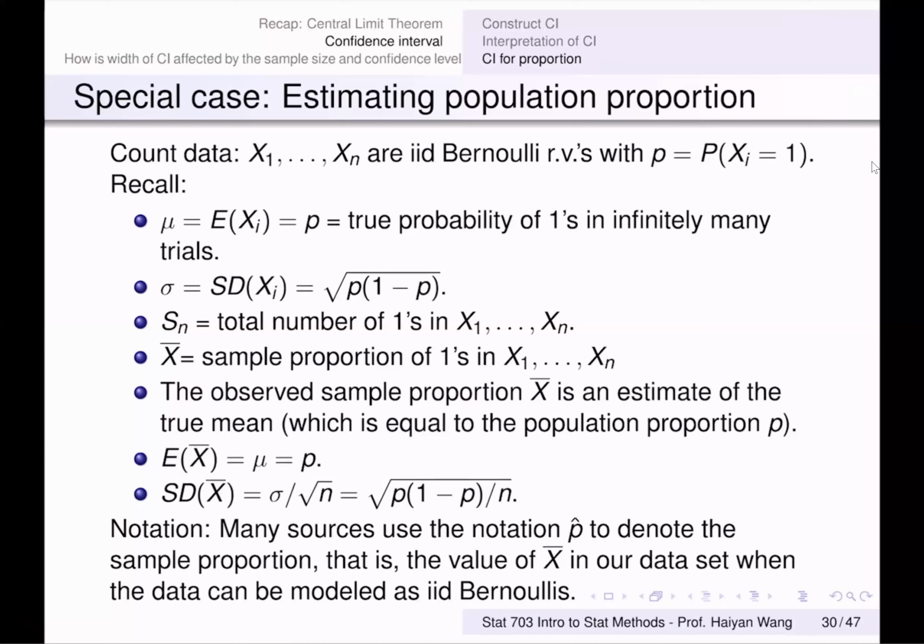So basically, P, this proportion of ones, is also on average what proportion of ones you will see in a long-term experiment, with many repeated experiments. The standard deviation for the Bernoulli random variable is equal to the success probability times the failure probability, taking the square root. So the square root of P times 1 minus P.